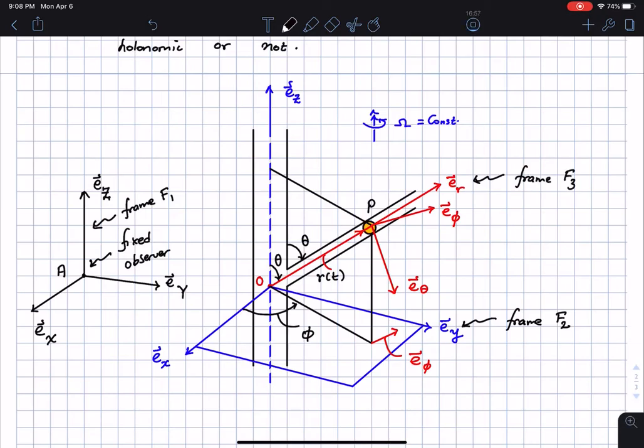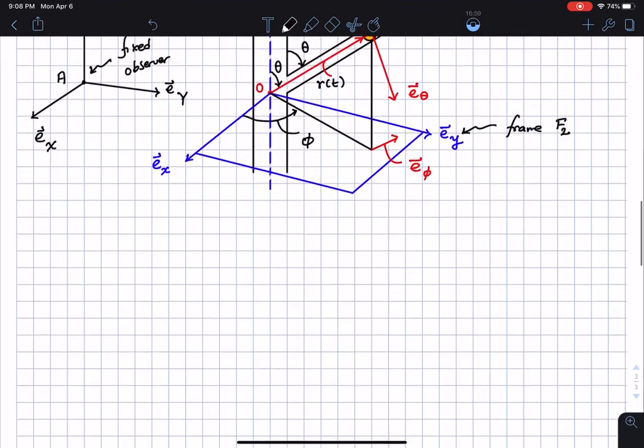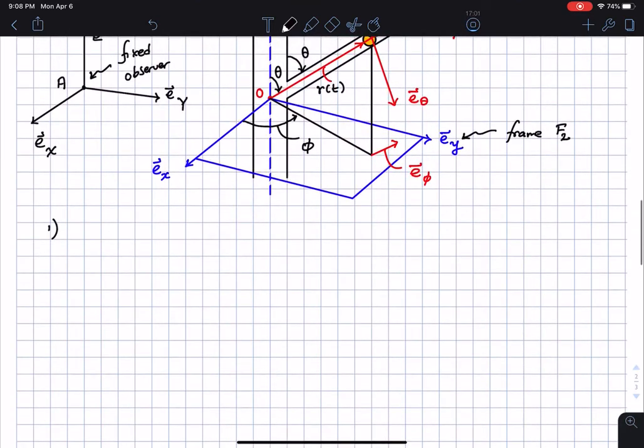All right, and so I'm going to summarize these frames. First of all, frame F1, which is E capital X, E capital Y, E capital Z, is a fixed frame. This is something that you want to see here.